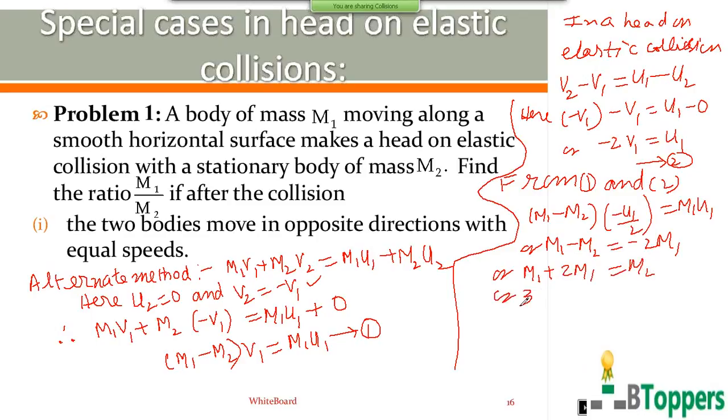So you get 3m1 equal to m2, or m1 by m2 is 1 by 3. That's the answer. Want to copy this solution by the alternate method also? You can take a pause and copy the solution.